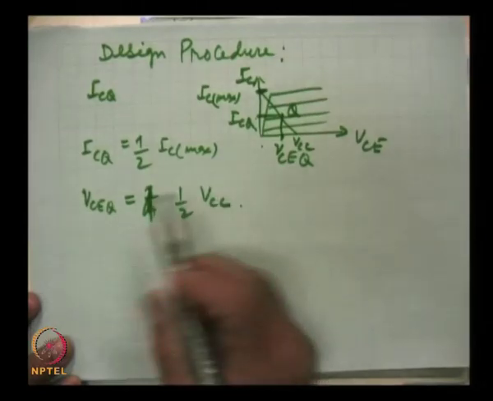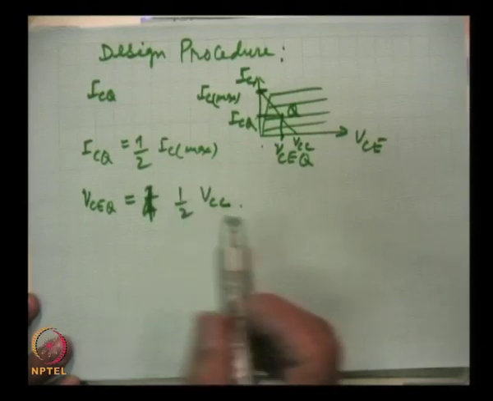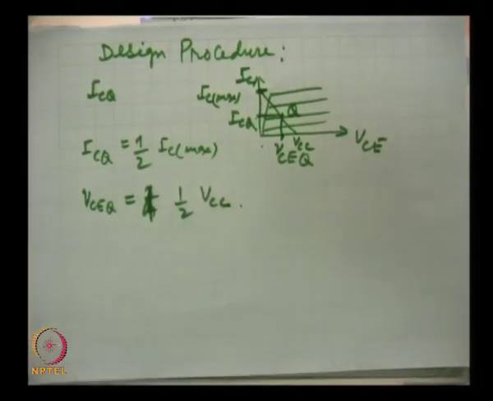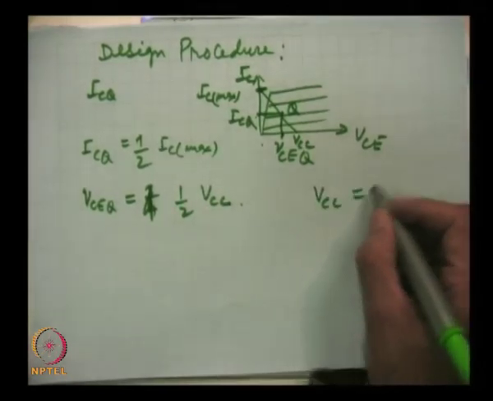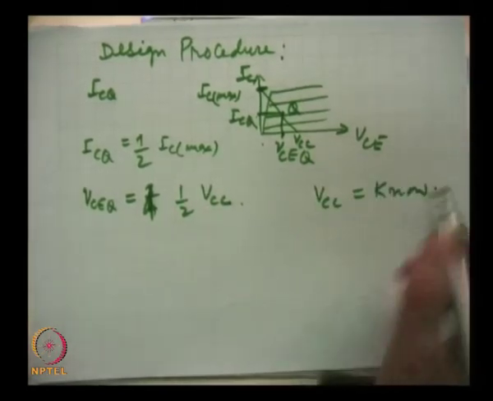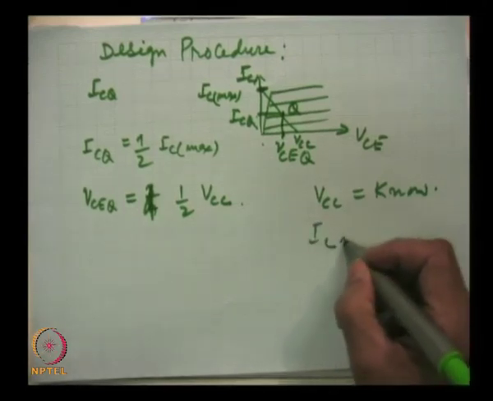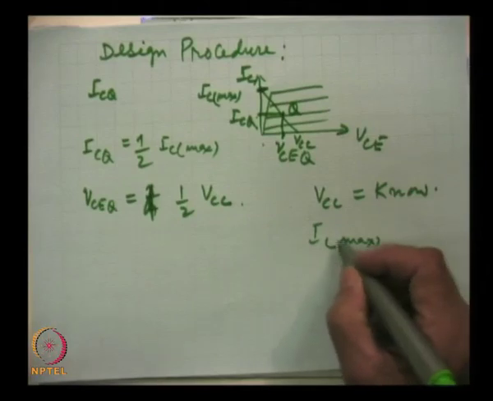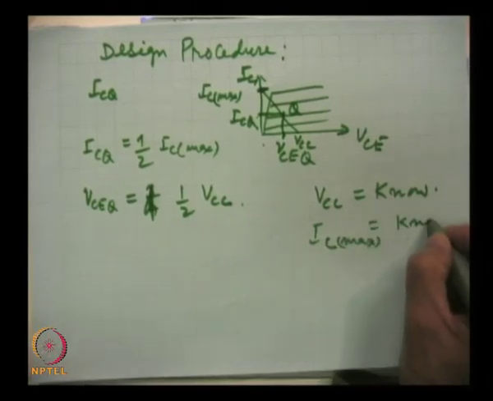So, VCEQ is known, ICQ is known, and we can use whatever we have already studied. VCC is known and IC max is also known.